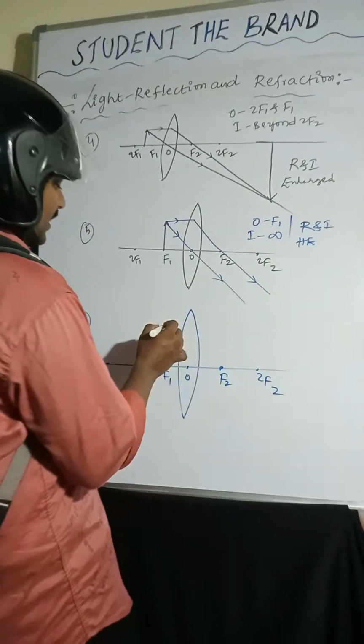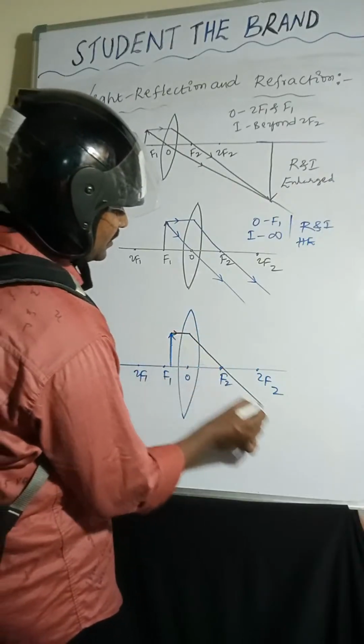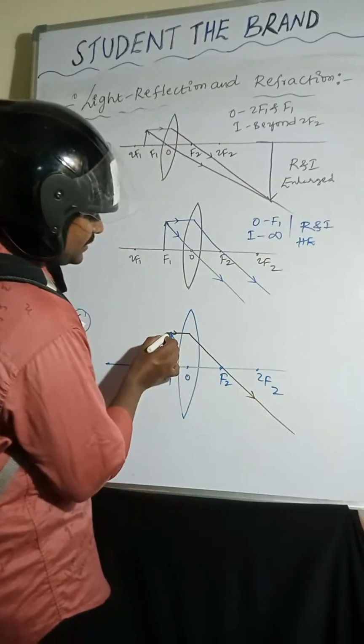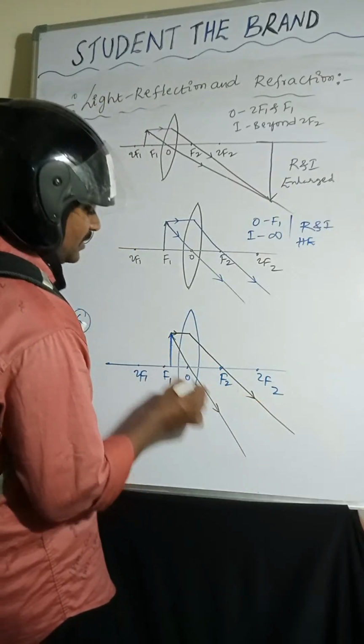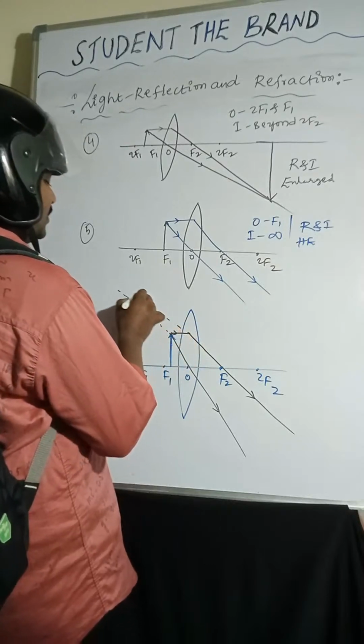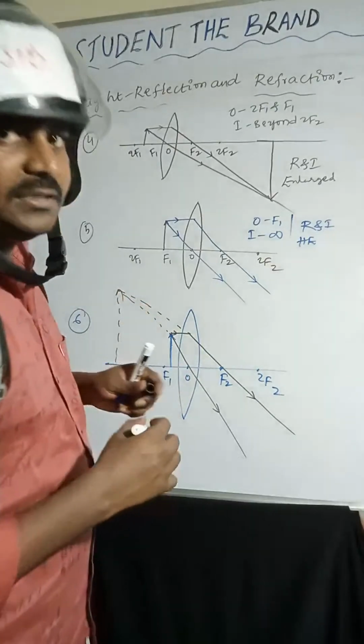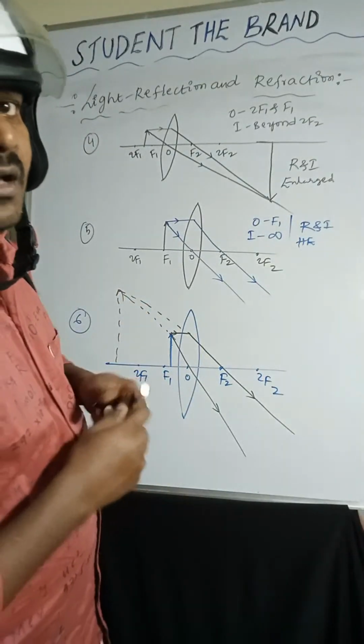Okay. So one light ray I am taking like this. After refraction it passes through F2. Another light ray is passing through optic center. If we extend those light rays, those will meet behind, on the same side of the object.